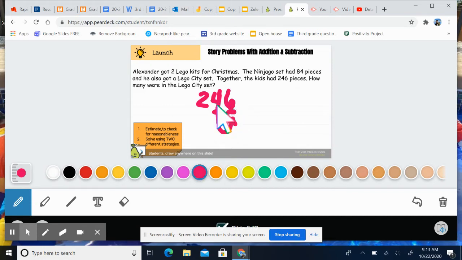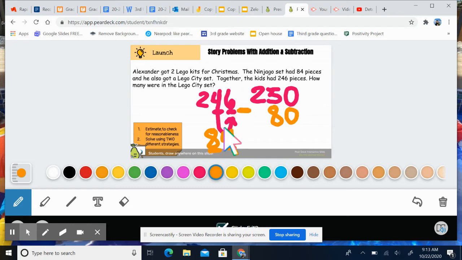So I'm going to round my tens to 250. Let's take a look at the number 84. Look at your tens and look at your ones. Your tens will either stay the same or go up, and your neighbor will determine that. 5 or more rounds up, so this will stay at 80.